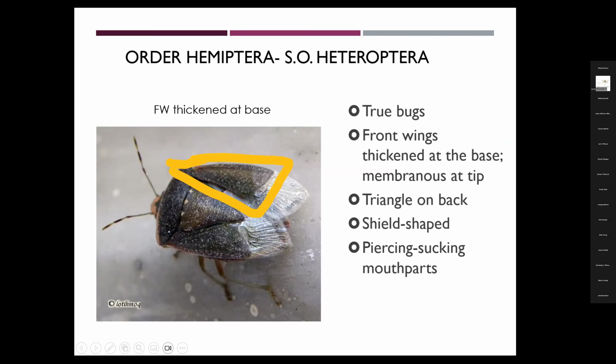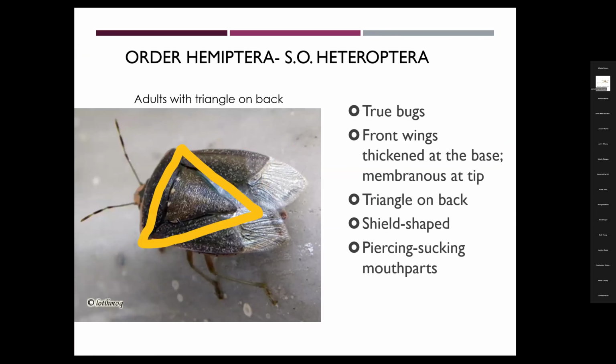The back part of that wing is going to be membranous. These are typically going to have a shield-shaped body. It might be a more squat shield shape like you see on the stink bug, or it might be a more elongated shield shape. The adults, since they have those wings, are going to have this triangle on their back. Again, it's just part of the body and it helps protect them there.